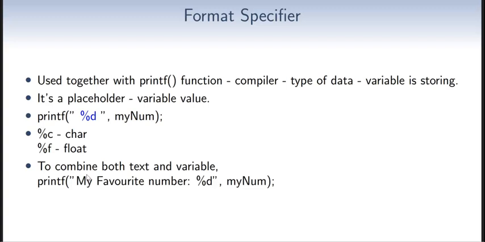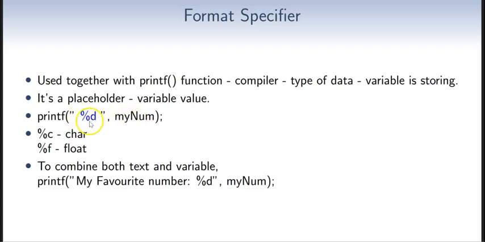Next one is format specifier. A format specifier is a specifier which should be used along with the printf function to specify to the compiler what type of data the particular variable is storing. For example, here mynum is used.